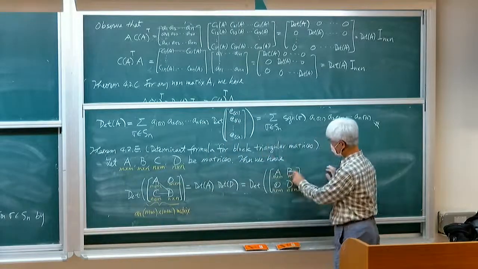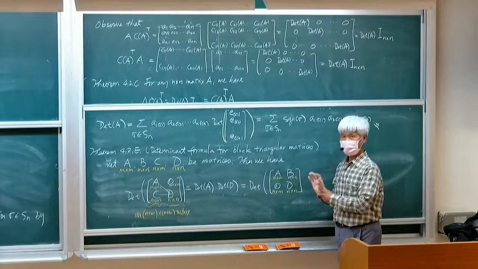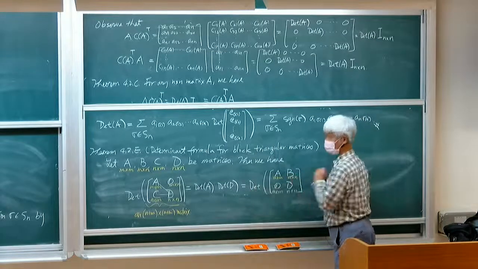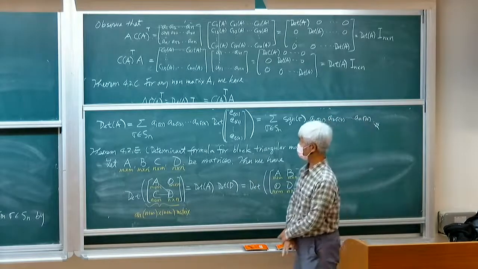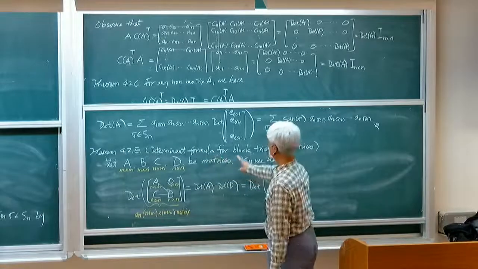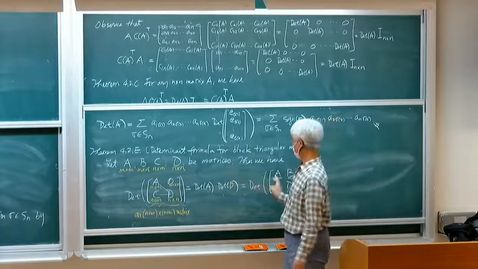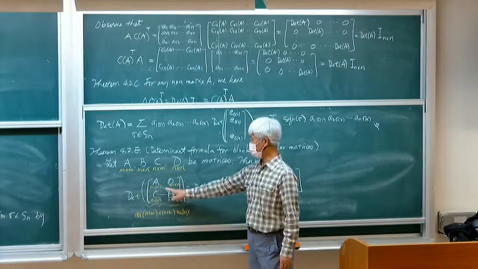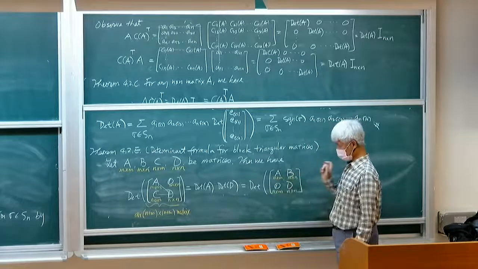Similarly, if you change the entries of B in any way, you will not change the determinant value. So this is a very nice formula for block triangular matrices. We have two types of block triangular matrix. This is the block lower triangular, and this is the block upper triangular.